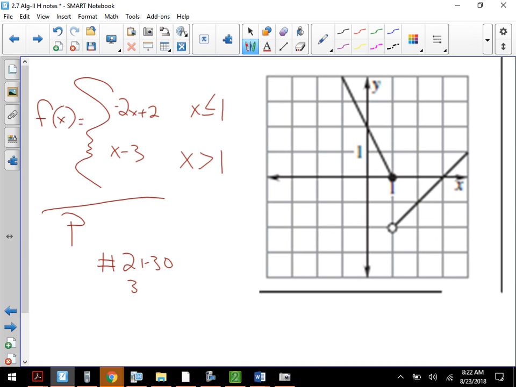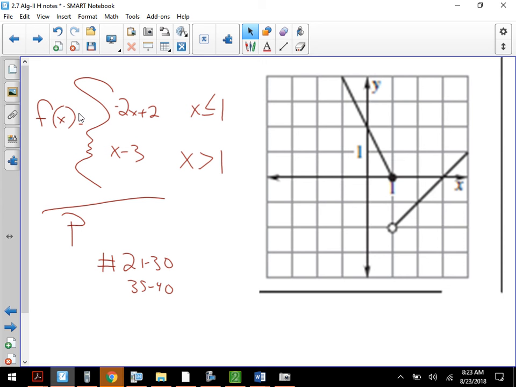And then 35 through 40 are writing the equations. I think there is one equation that you have to write that's like a plateau. They come up and it flattens out. So you'll have 3 parts to it.